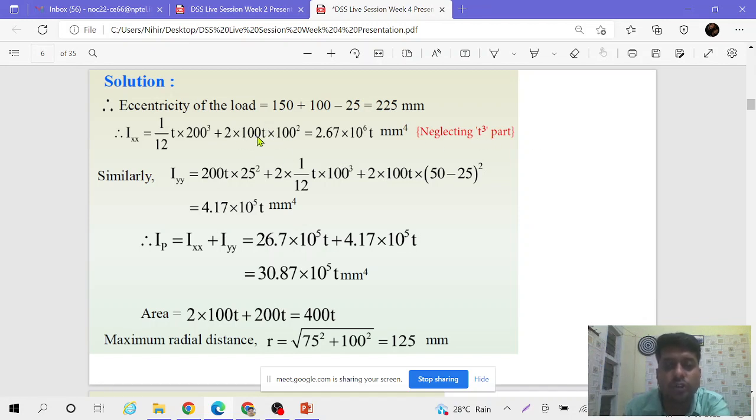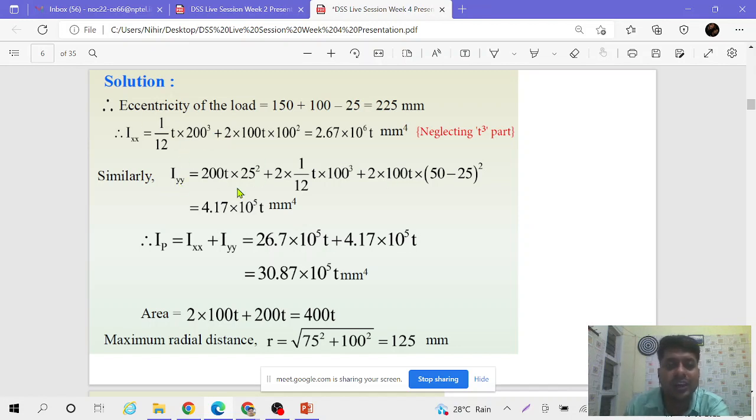Similarly in this part also you will get a t cube part, so we are going to neglect it, we are not going to consider it. And in this part, in AH square, H is equal to 0, so that's why only this term is remaining.